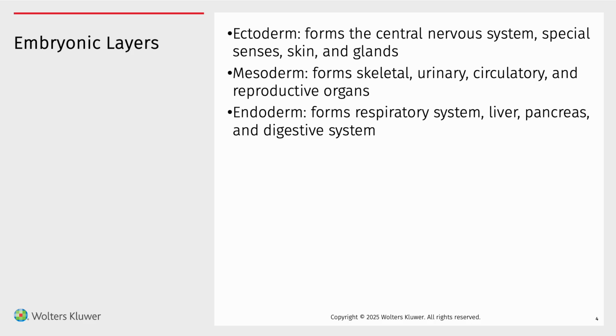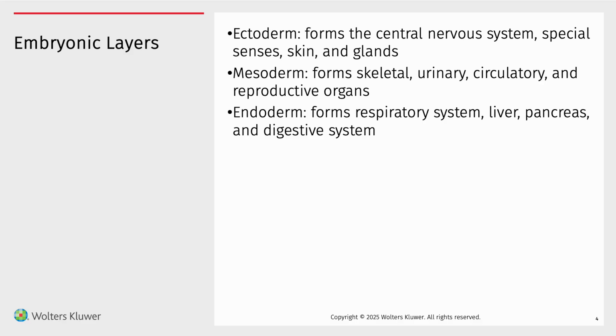Conditions like congenital heart defects, renal problems, limb malformations often can be traced back to the mesodermal formation issues. These systems are often screened via prenatal ultrasound or postnatal assessments.